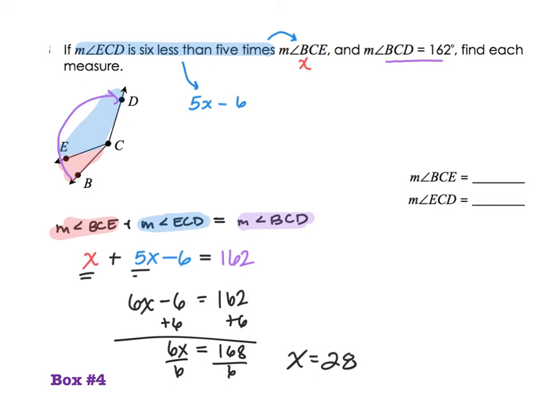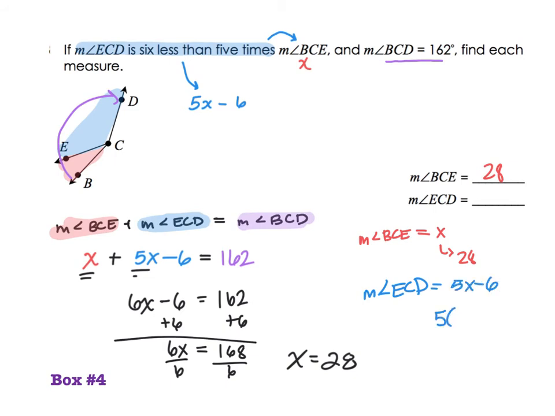Okay, so let's go ahead and do this now. We have measurement of angle BCE is equal to x. Well, in this case, we know that x is equal to 28. So we just found BCE, it's 28. That was easy. Then we have measurement of angle ECD is equal to 5x minus 6.